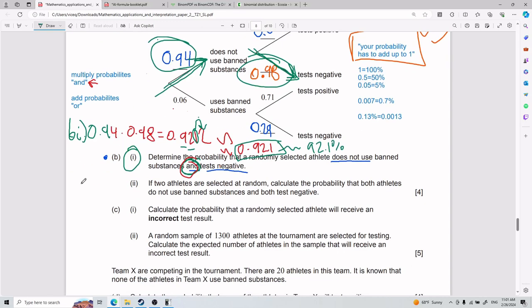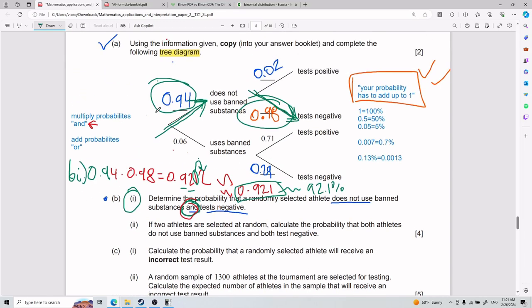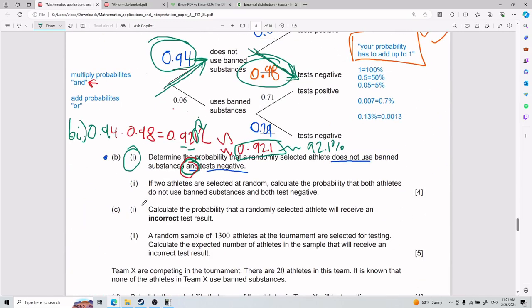See, part B-II, okay, I'm running out of space, but that's fine. Part B-II is if two athletes are selected at random, calculate the probability that both athletes, okay, so it's two athletes, important, do not use banned substances and both test negative. So it's the same as part B-I, like up top, but it happens twice. Okay.